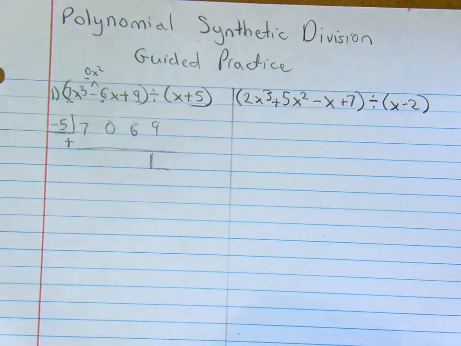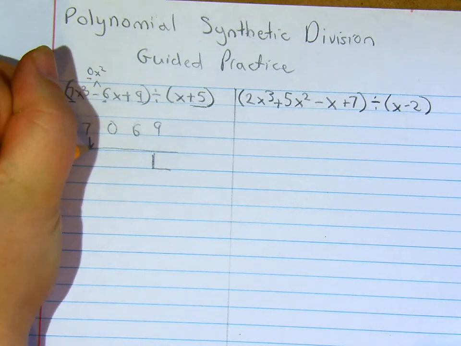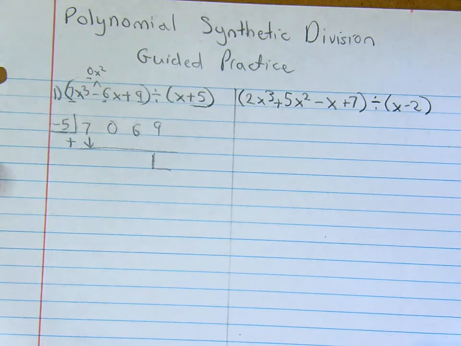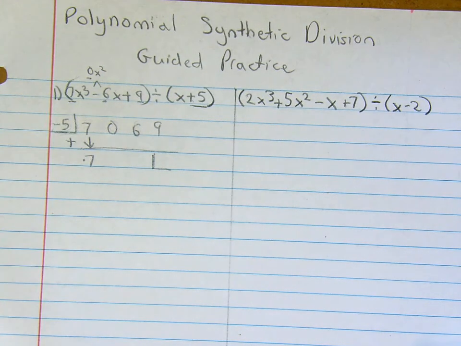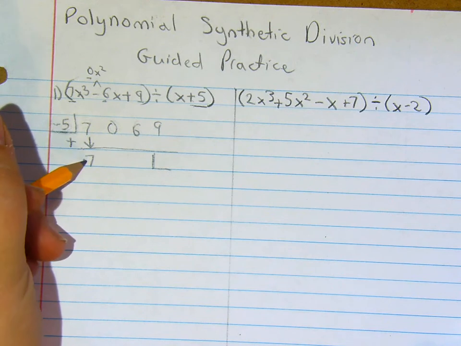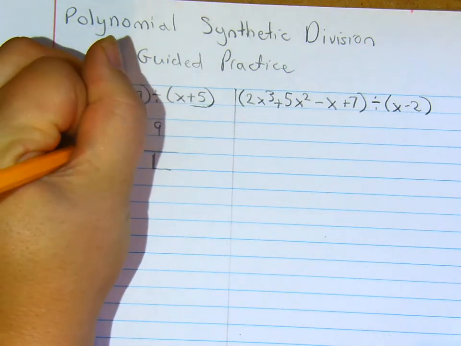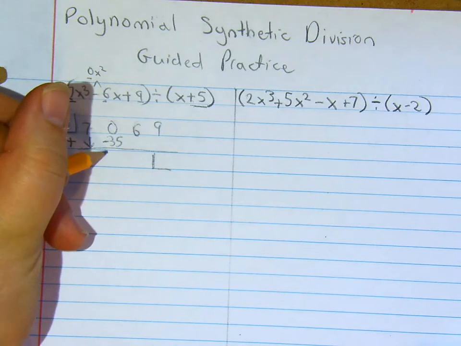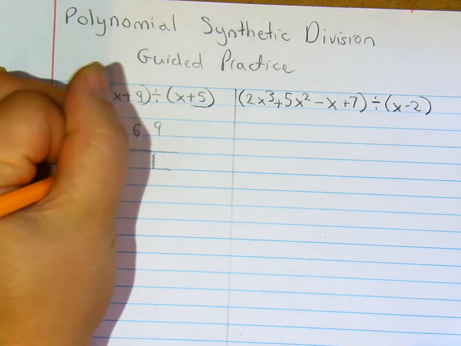So from here, once you have that, we're going to actually start our division. So I'm going to first drop down the 7 there, and then I'm going to start my multiplication process. Negative 5 times 7 is going to give me a negative 35. And that's where I end up putting it. I'm going to add these together and get negative 35.